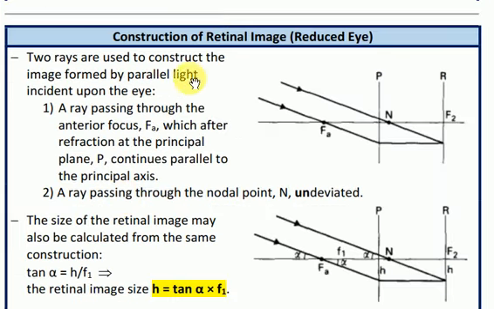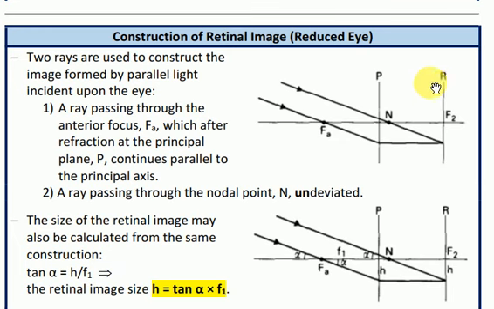Now, construction of retinal image, reduced eye. The reduced eye is represented by two parallel lines, P for the principal plane and R for the retina. Using this reduced eye, it is simple to construct retinal images formed under various conditions.